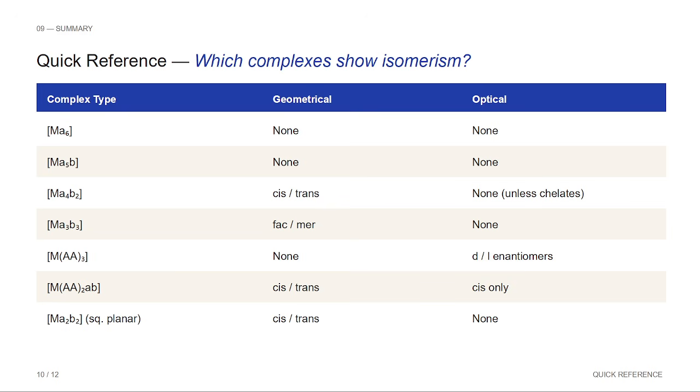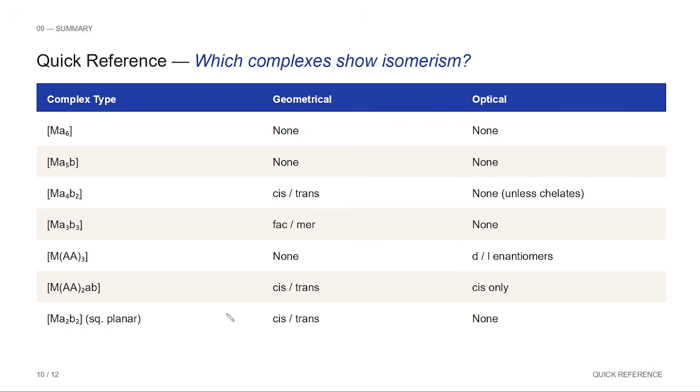And next, see geometrical and optical isomerism in octahedral complexes. Here MA6 and MA5B, these two types, do not show geometrical or optical isomerism. MA4B2 shows only geometrical isomerism, and MA3B3 is also possible in geometrical isomerism. MAA3 shows optical isomerism.